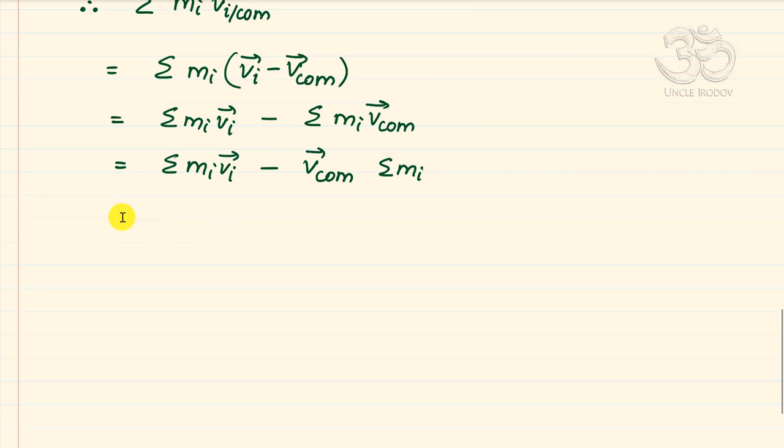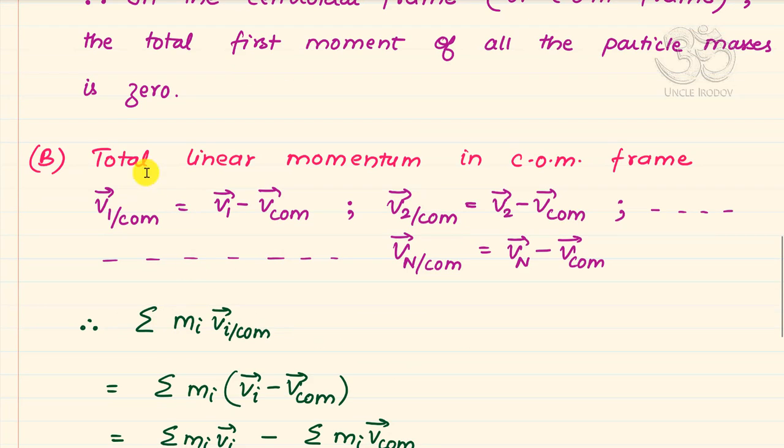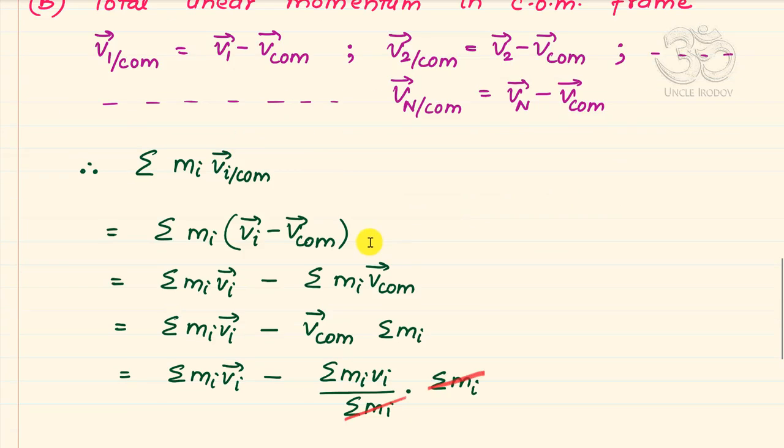In the next step you understand what is to be done: summation of mi vi minus v center of mass times summation of mi. Now you know that v center of mass is summation of mi vi divided by summation of mi. We found that earlier, and there is a summation of mi finally. So these two terms will cancel, and what you end up with is 0. That is a very interesting result. This result shows that the total linear momentum in the center of mass frame is 0.